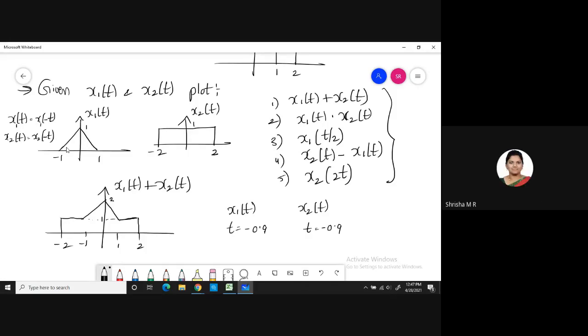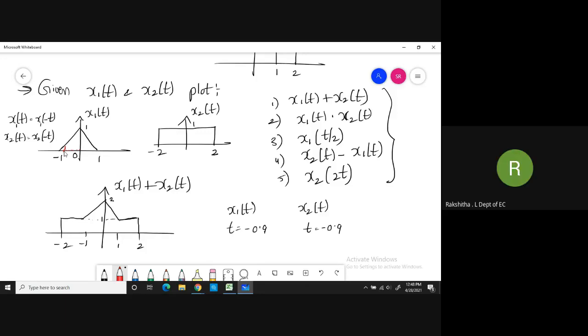For this one, it will be 0.1, correct? My signal is extending from -1 to 0. So it is 0.9 here at this point. At this point, 0.9, 0.8, 0.7, 0.6, 0.5, 0.3, 0.2, 0.1, 0. At 0.9, what is the signal amplitude? It is 0.1, correct?